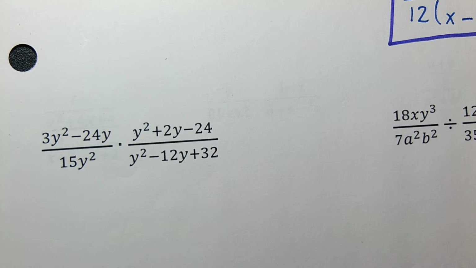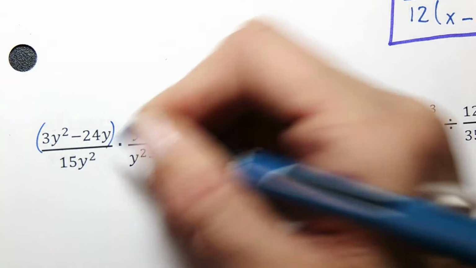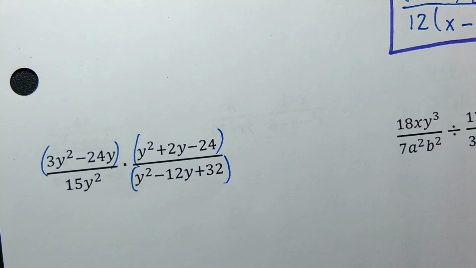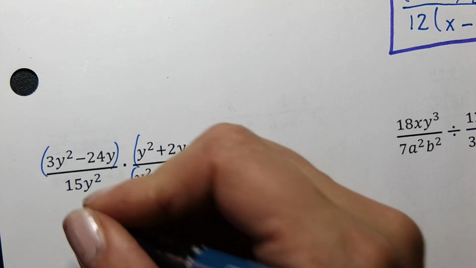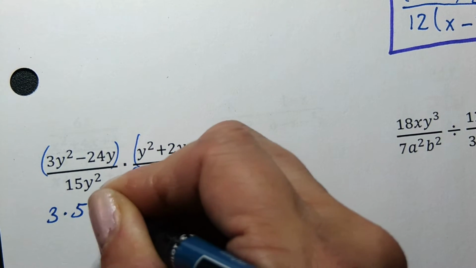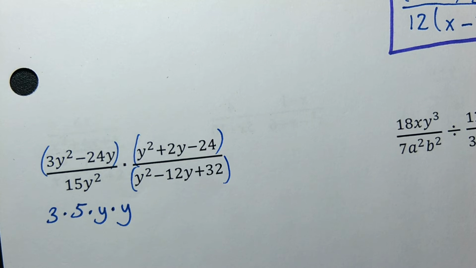We first trap that binomial. Trap that trinomial. Trap that other trinomial. But what about 15y squared? It's a little bit strange because we don't normally think of it this way. But if I told you to factor 15y squared, could we break it down into 3 times 5 times y times y?